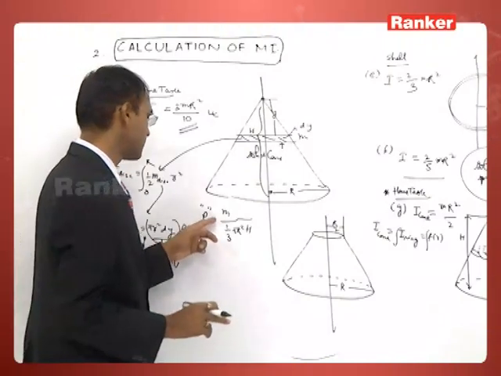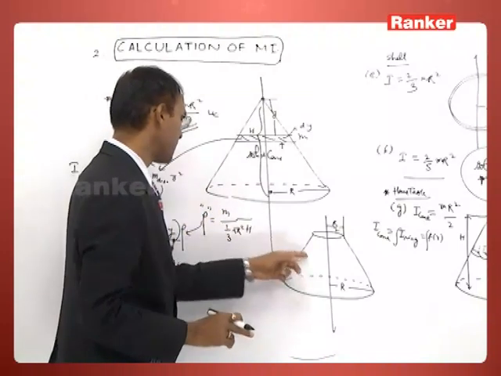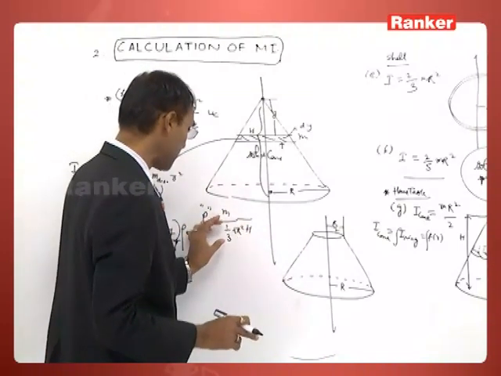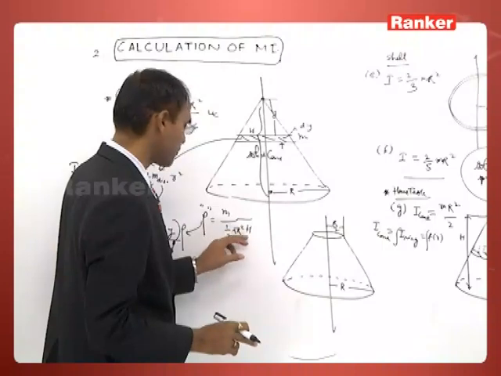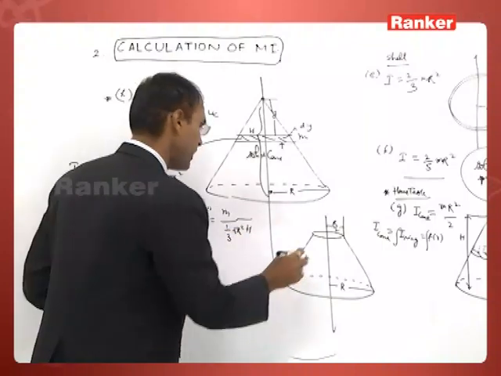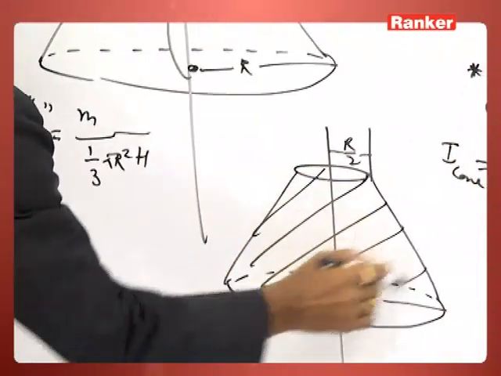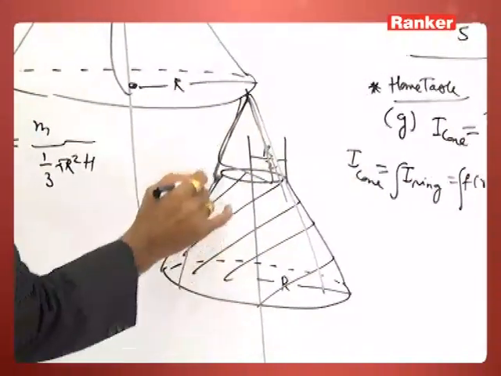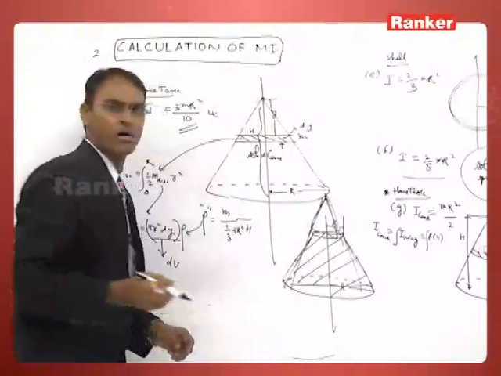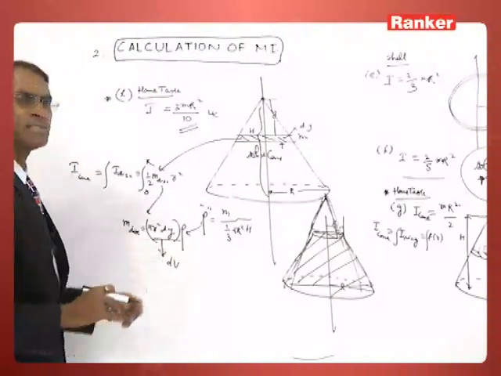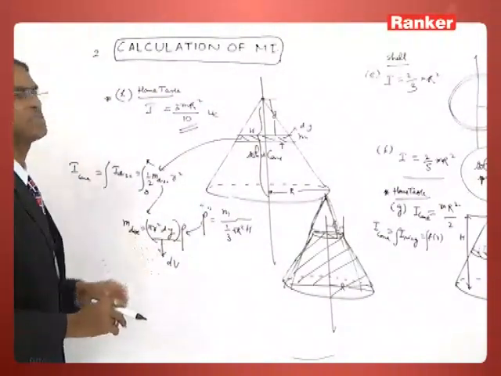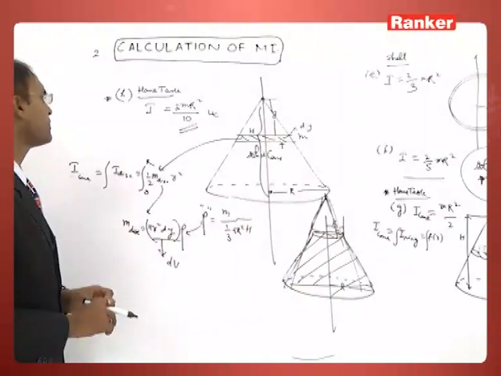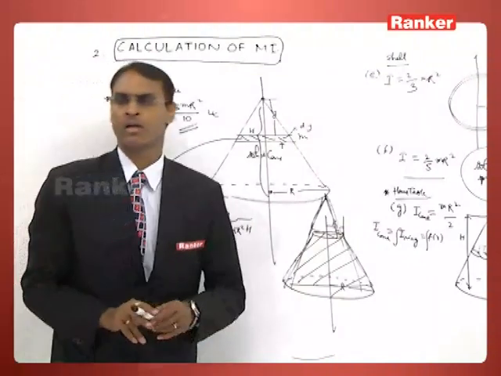And here the mass, suppose its mass be m, and the volume cannot be 1 by 3 pi r square h. The volume will be the volume of the entire cone minus the volume of the removed smaller cone. All such small modifications you have to consider before you tackle any modified problems on moment of inertia.